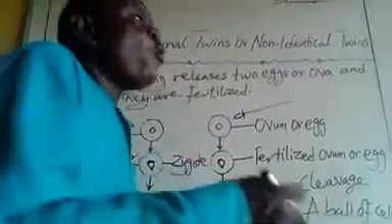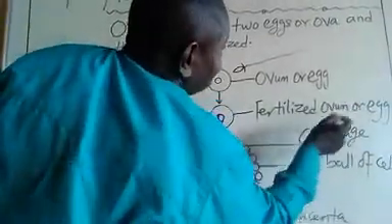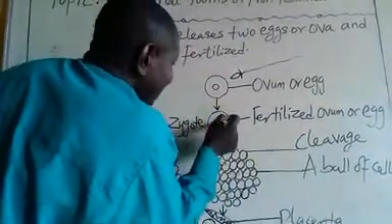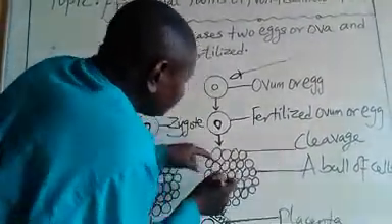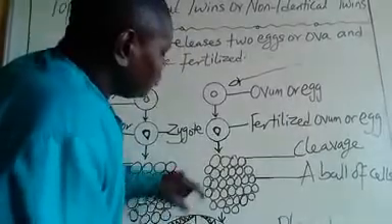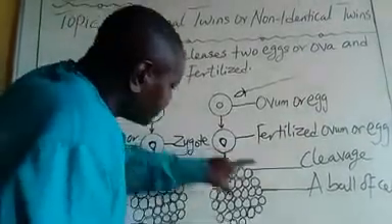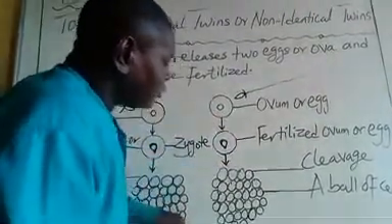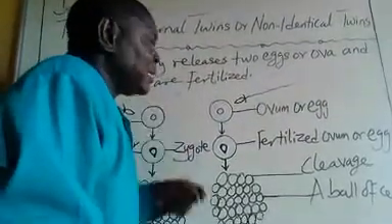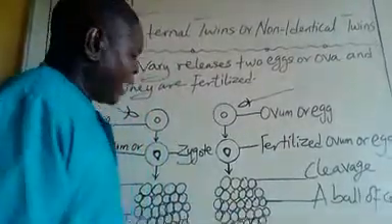This fertilized egg or ovum will split into two, from 2 to 4, from 4 to 8, from 8 to 16, from 16 to 32, etc. The progression here is geometric. It is geometric in nature, right?